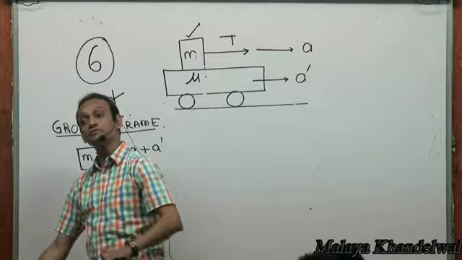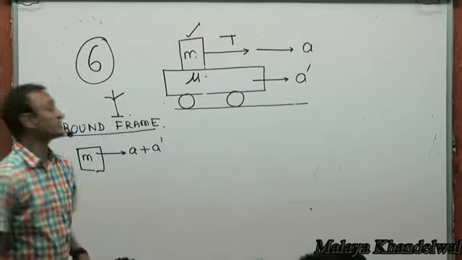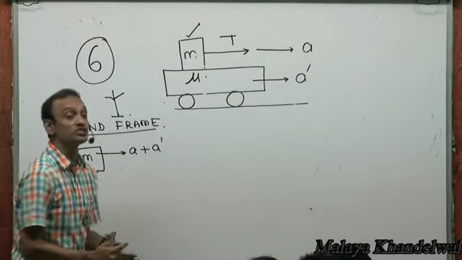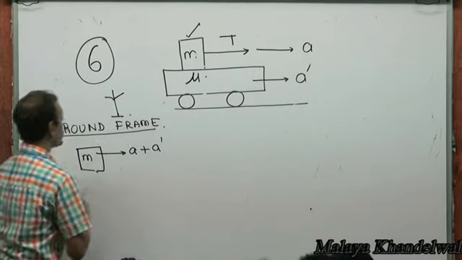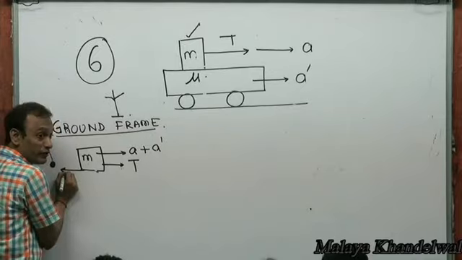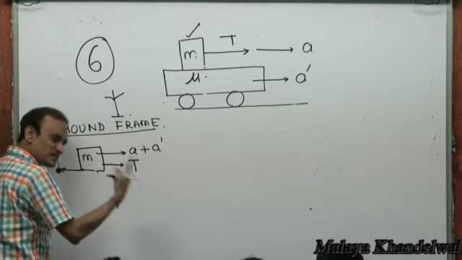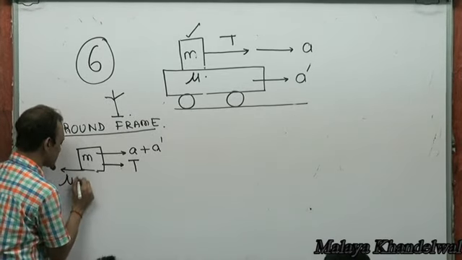Now why does this happen? This is the effect. What's the cause? The cause of this acceleration is T acting to the right and friction leftwards, which would be approximately maximum static, mu mg. That's the free body in the ground frame of reference, yes or no?